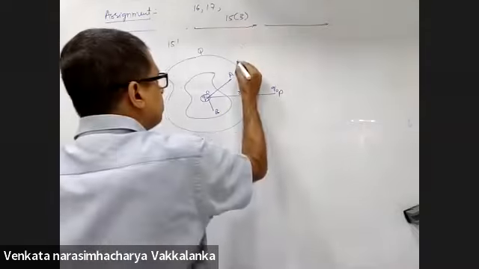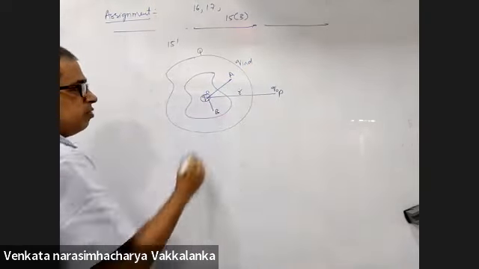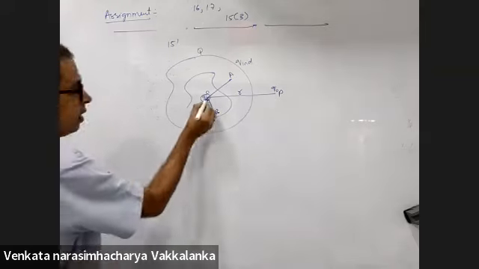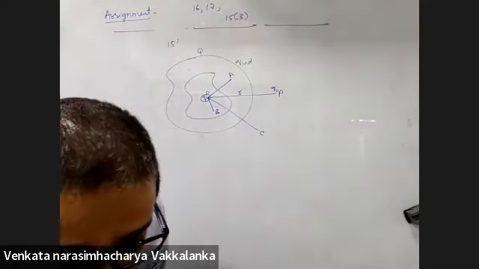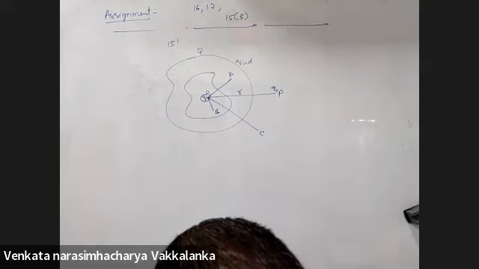I will have some induced charges here. A, B, and where is C? C is an arbitrary point outside here. This is C. Am I right? Yes, sir. Let me see this.